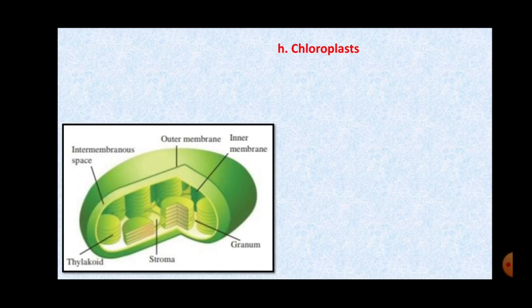Now the chlorophyll present inside the chloroplast traps the solar energy and converts it into chemical energy. As we had studied, the solar energy is converted into chemical energy in the green parts of the plant, especially in the leaves. Now leaves have openings which are called stomata, right?